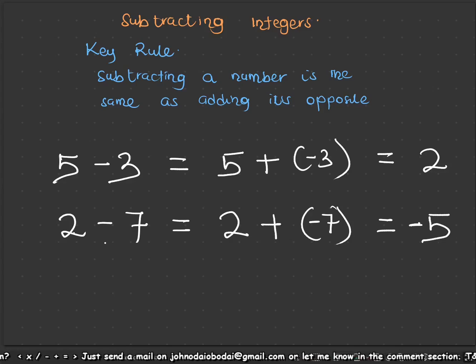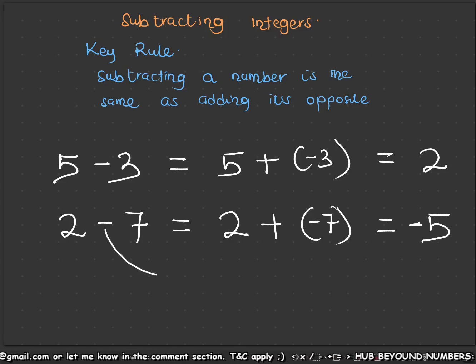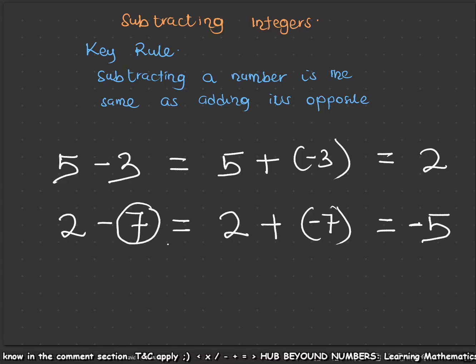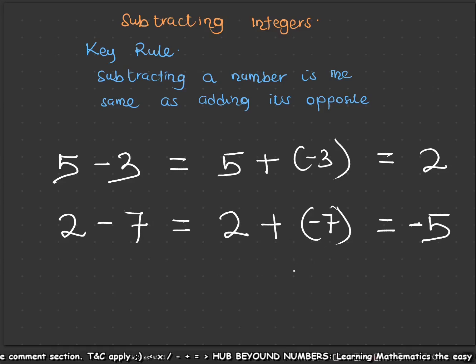So we are working 2 minus 7. The rule concerning subtraction says we should do what? We should maintain the first integer and then we change the sign to positive. And we find the opposite of the second integer, which now becomes negative 7.